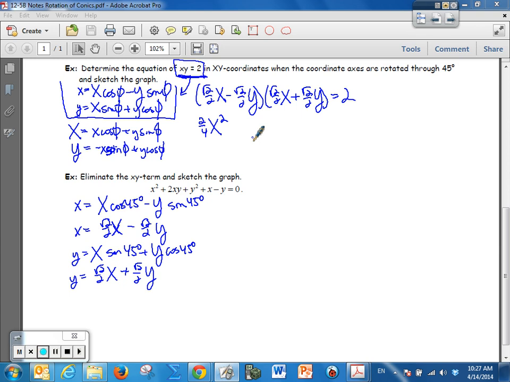Yeah, they're going to cancel. Isn't that great? So basically I'll go ahead and write it out just so we have a record of it. It would be 2/4 big X big Y minus 2/4 big X big Y. They're going to just go away. And then plus 2/4 y squared equals 2.